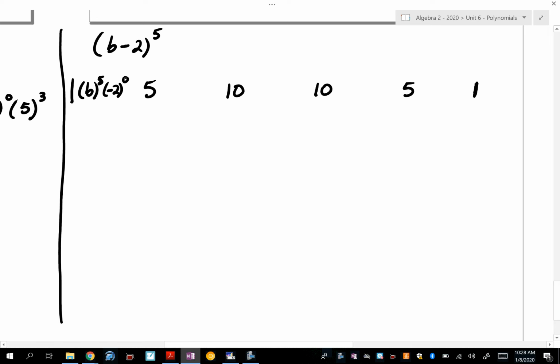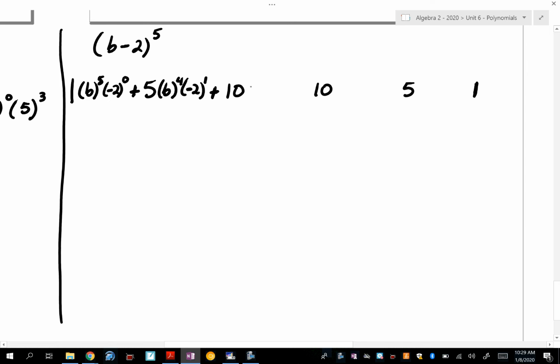Right? Because remember, it's 5 plus 0 is 5. And that's one term. Plus. Let's keep going. I have 5 times b. This time, this b is going to be raised to what power? The 4th power. Good job, Nada. And what's the negative 2 going to be raised to? The 1st power.